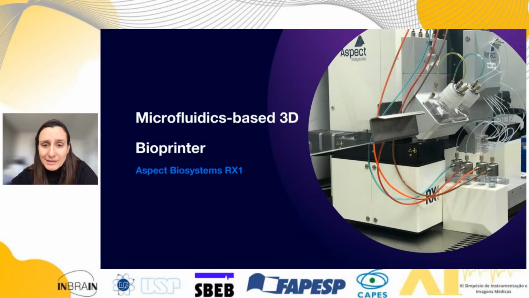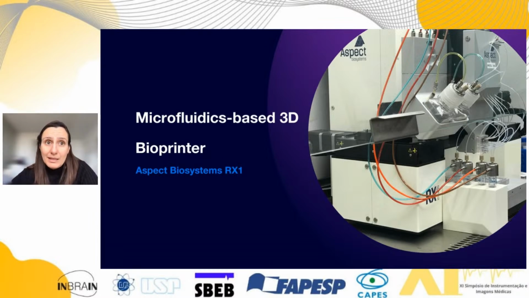Unfortunately, my video won't play, but I had a nice video showing how it works. I will try to explain briefly here. We call it the Medusa, because of all the tubes connected to that, but we have basically those two main tubes plus the 4 with biomaterials. And we do have a print head that's actually a microfluidics device.